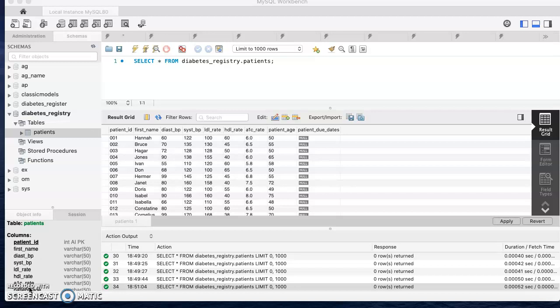I was intending to use the word value, but somehow it was giving me errors in my SQL, so I decided to use rate instead of value. And there's the HDL, which is the good cholesterol. I also have the Hemoglobin A1c values. Then I have patient ages.